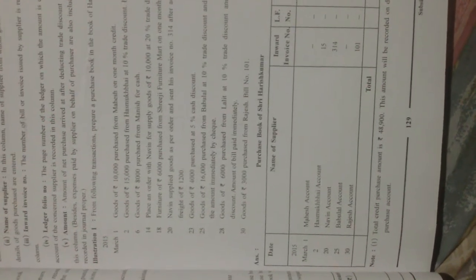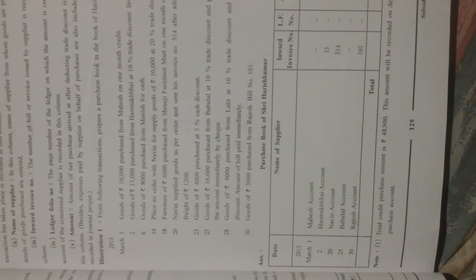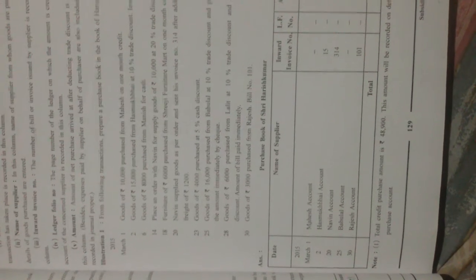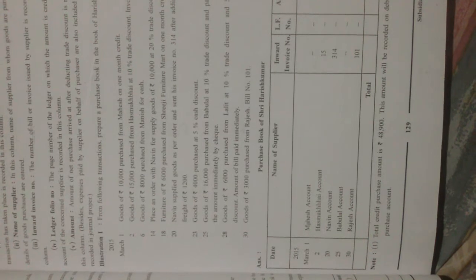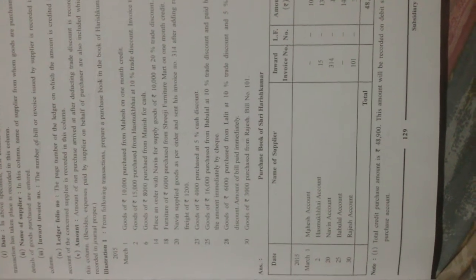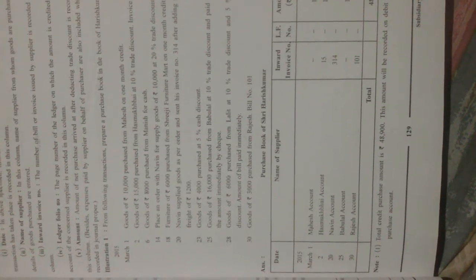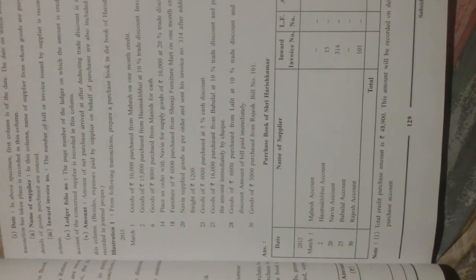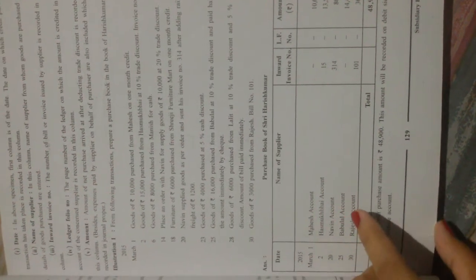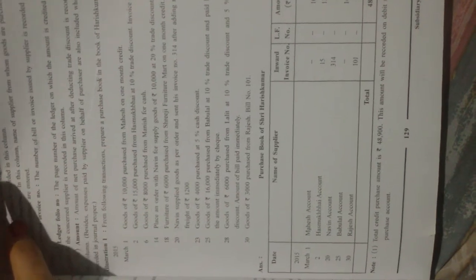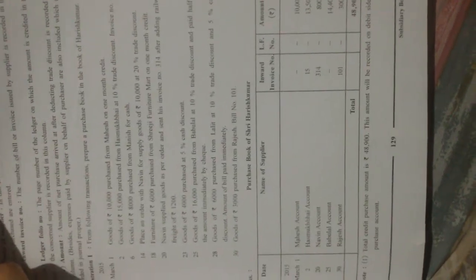And if the trade discount is given, first deduct the trade discount, and only that resulting amount you write in the amount column in the purchase book. So these are the points you have to remember while preparing the purchase book.